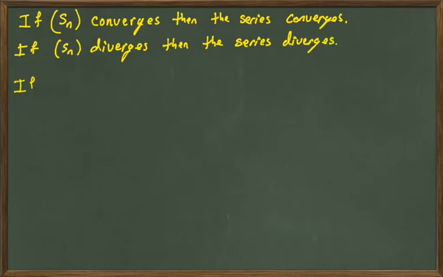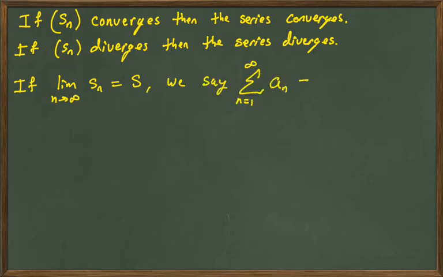If the limit as n goes to infinity of the partial sum s of n is equal to s, we say that the sum n equals 1 to infinity of a sub n is equal to s. That's what we mean by the series converges: the limit of the partial sums converges. If the limit of the partial sums diverges, then we say that the infinite series diverges.